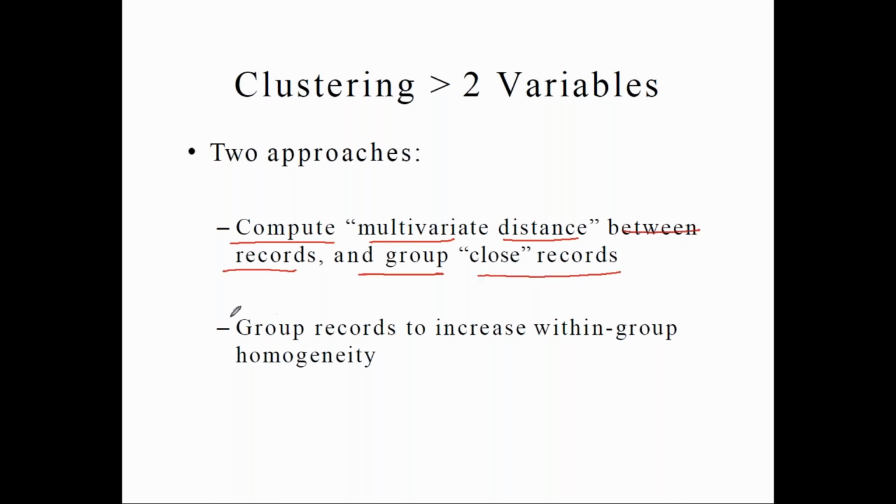So what do you mean by multivariate distance? Variance between the records? You need to identify the distance, not variance. It is nothing but your distance.